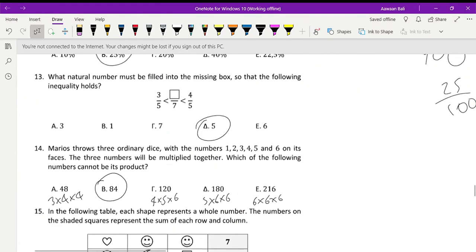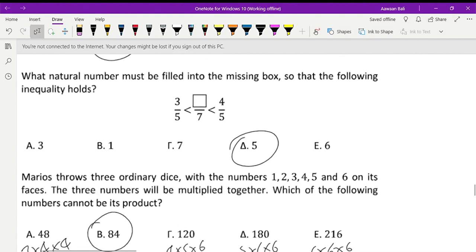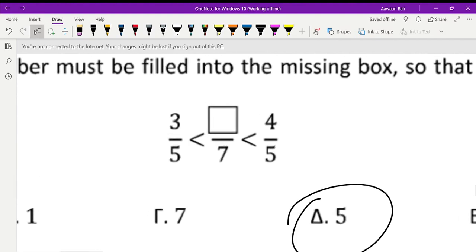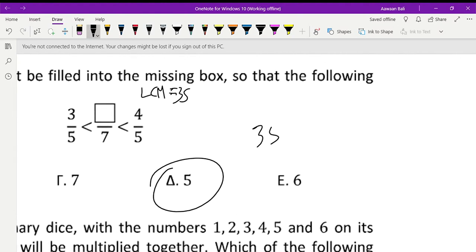One natural number must be filled into the missing box so that the following inequality holds. So the LCM, basically the lowest common multiple that you can find, is 35. So this is a common multiple, the first common multiple that you can find is this one. So 35, 3 times 7, 21.